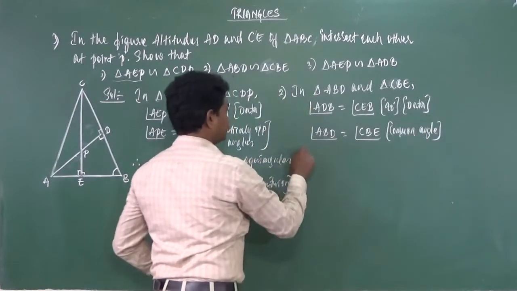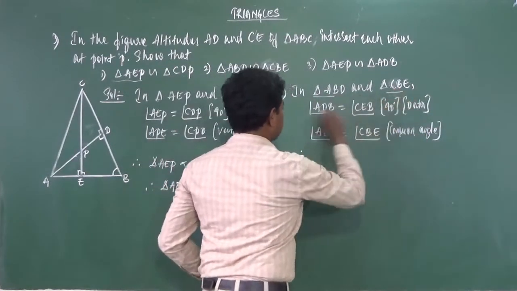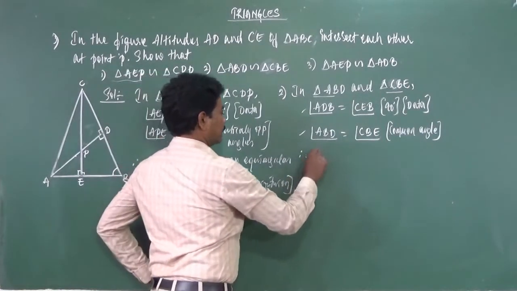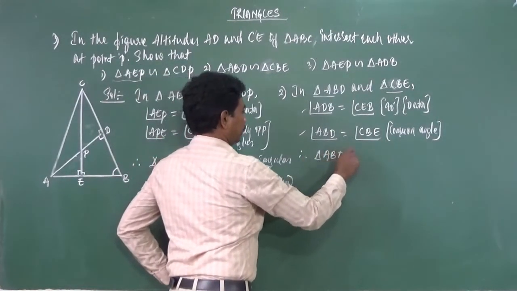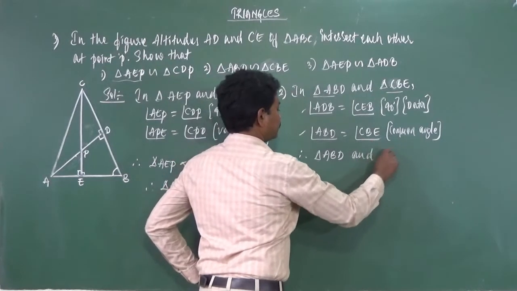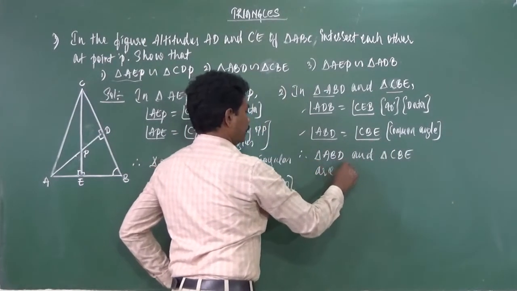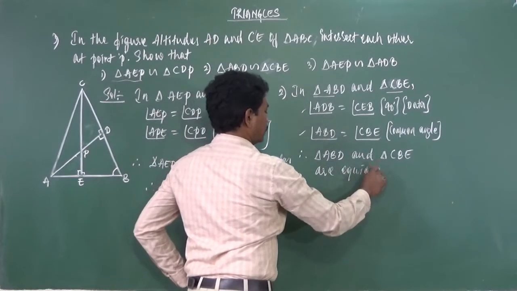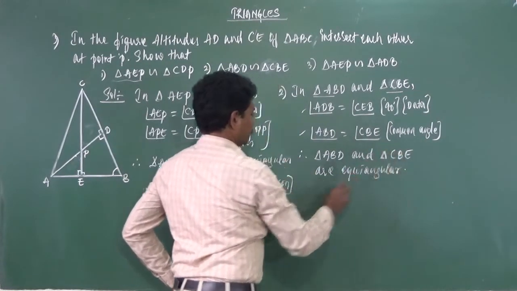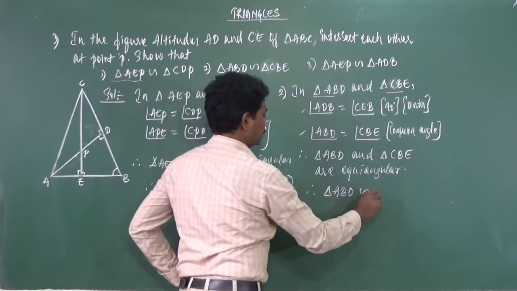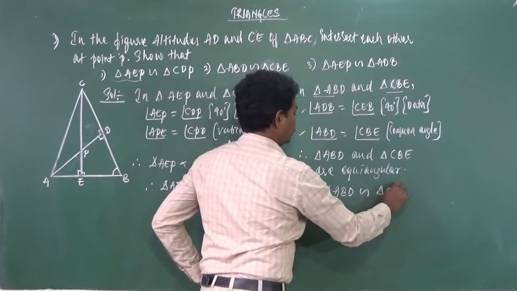So therefore in both the triangles, two pairs of corresponding angles are equal. So therefore triangle ABD and triangle CBE are equiangular. So therefore triangle ABD is similar to triangle CBE.